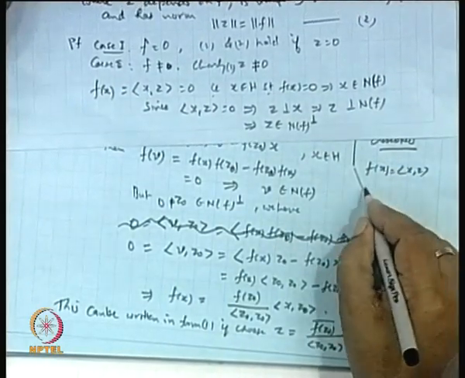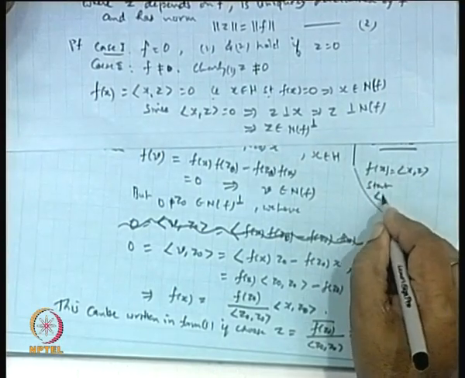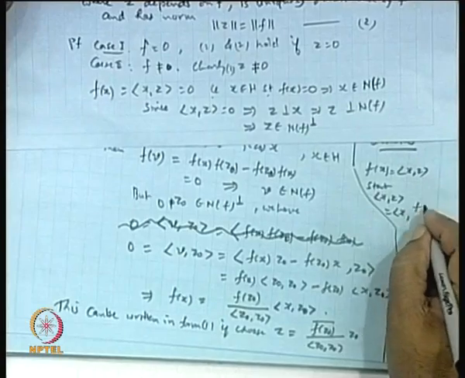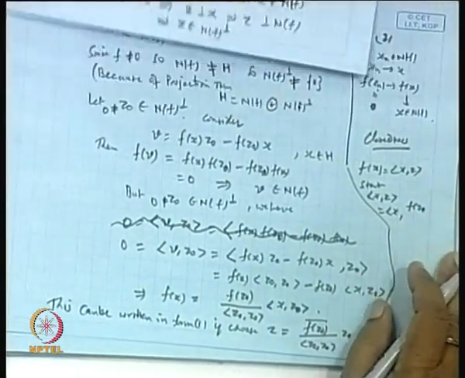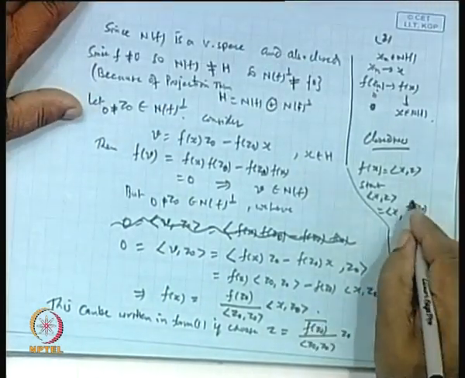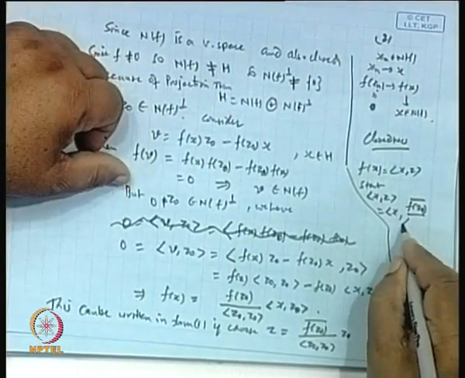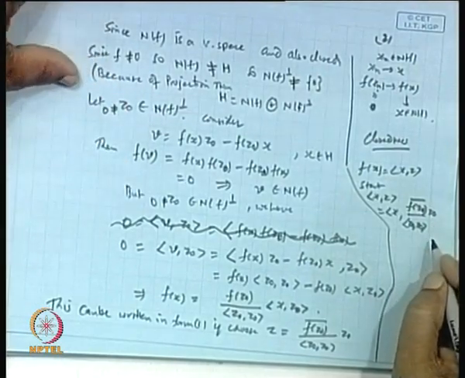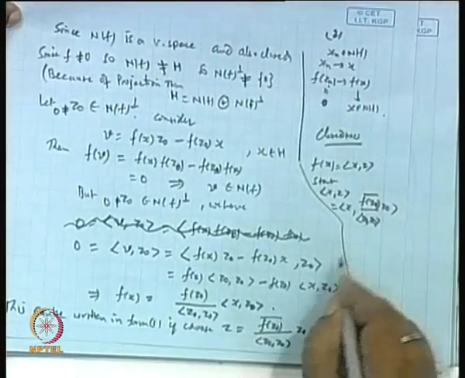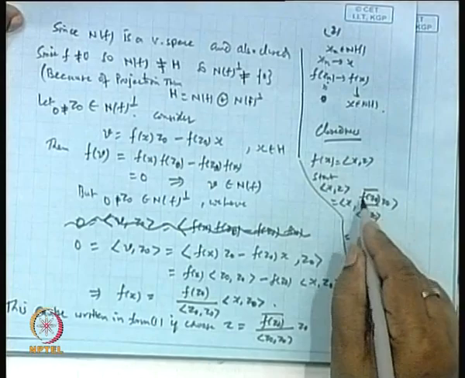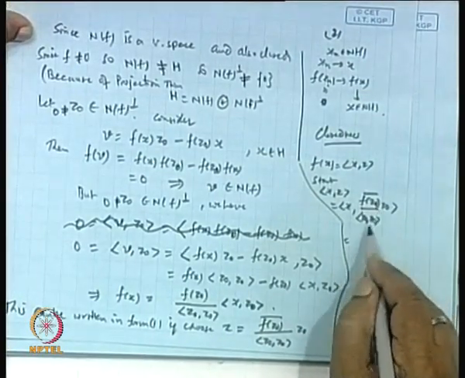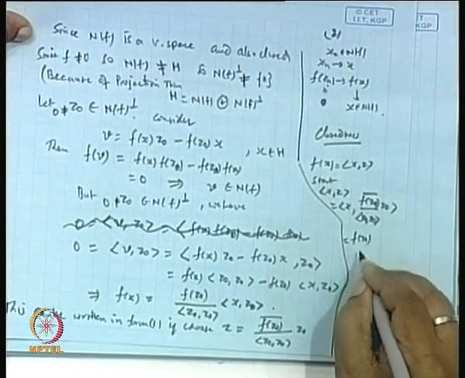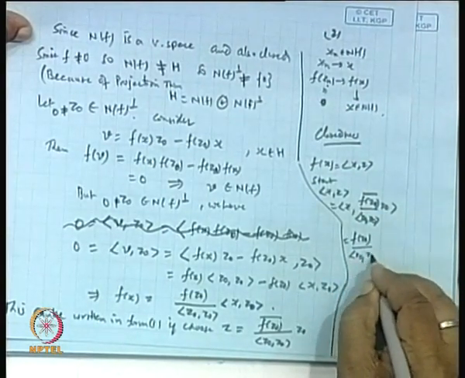So start with x comma z. This is equal to x comma, you write like this, the conjugate of f(z0) over the inner product of z0 and z0. Is it okay or not? So this will be equal to, take this thing outside. This is taken from the second coordinate, so conjugate of conjugate becomes the original, is it not?